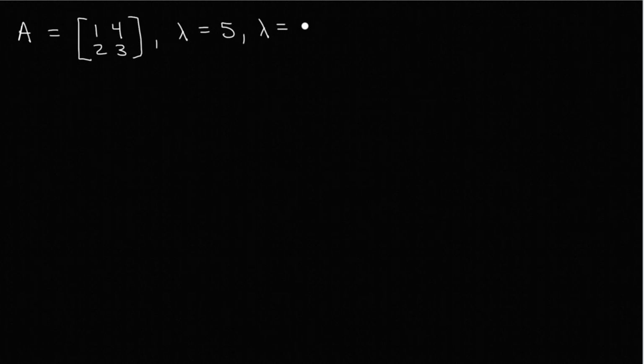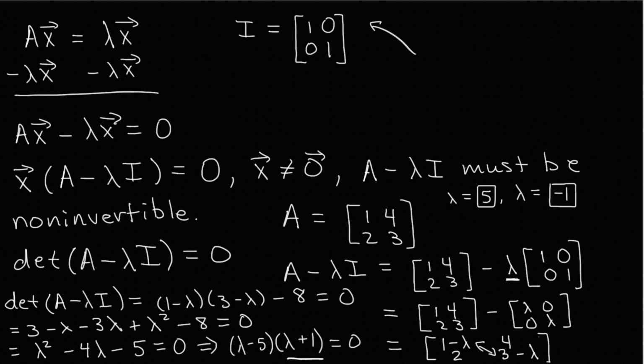Okay, so if you recall, my matrix was [1, 4; 2, 3]. And I found out that my two eigenvalues are going to be 5 and -1. So these two eigenvalues can be used to help us find the eigenvectors.